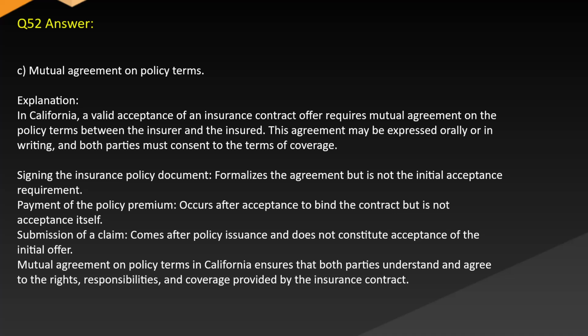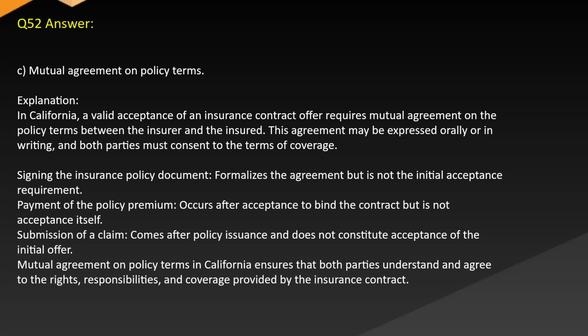Explanation: in California, a valid acceptance of an insurance contract offer requires mutual agreement on the policy terms between the insurer and the insured. This agreement may be expressed orally or in writing, and both parties must consent to the terms of coverage. Signing the insurance policy document formalizes the agreement but is not the initial acceptance requirement.